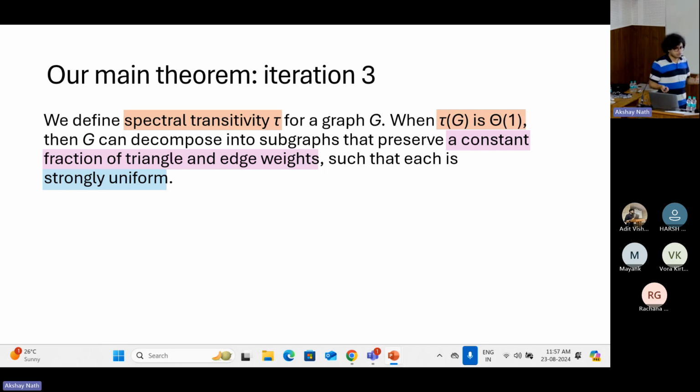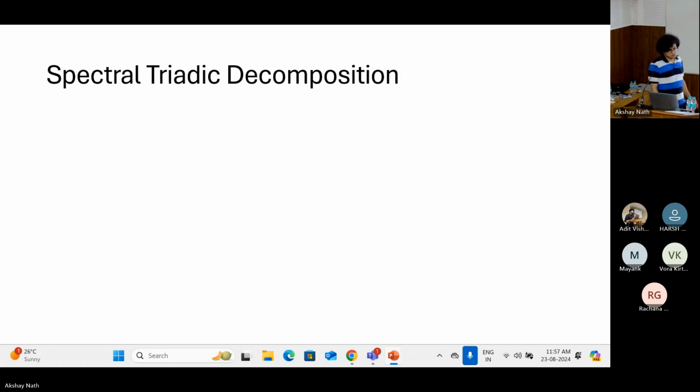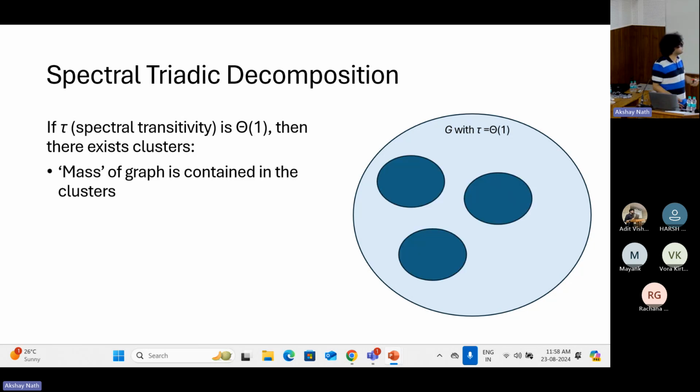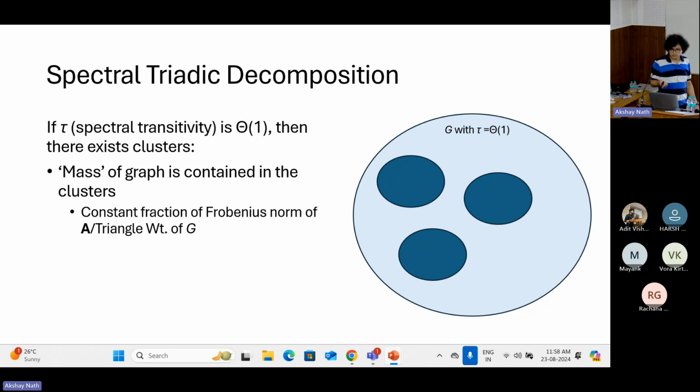Okay, now I have unpacked all the things, so let me give you the full theorem. It is what we call the spectral triadic decomposition. If tau of a graph G is theta of 1, then there exist clusters in the graph such that the mass of the graph is contained inside these clusters. What is the mass? A constant fraction of the Frobenius norm and the triangle weights.